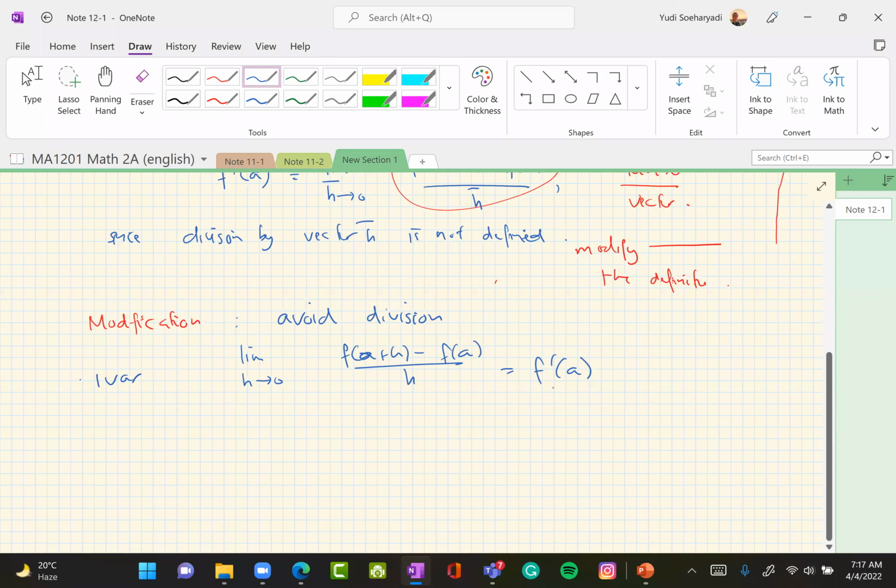First, let's remove the limit. If you remove the limit, then we get something like this. We won't have the equal sign anymore because we just have approximately, and this is correct if h is small.